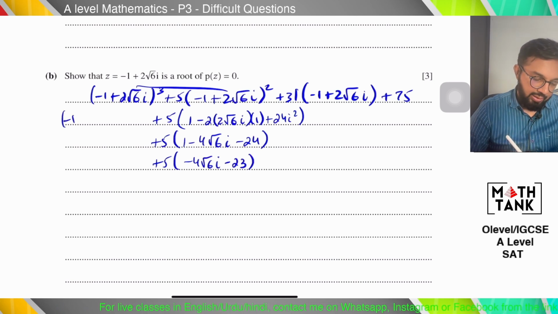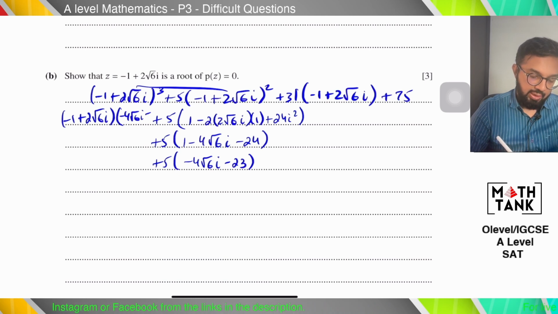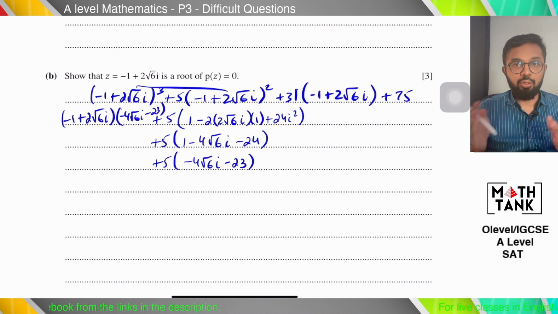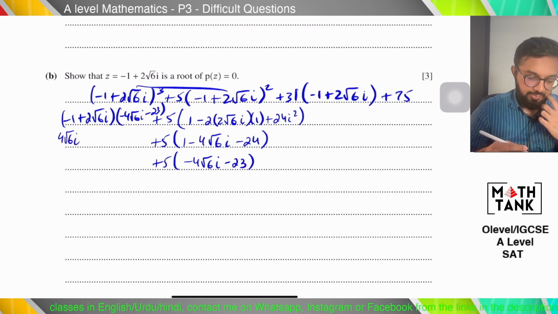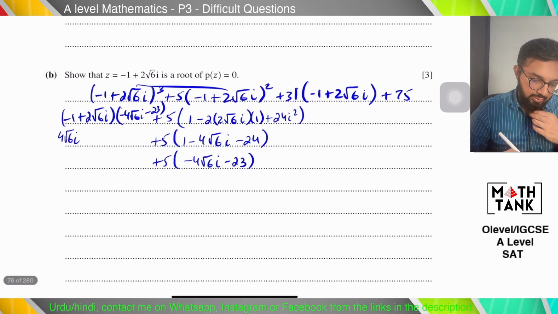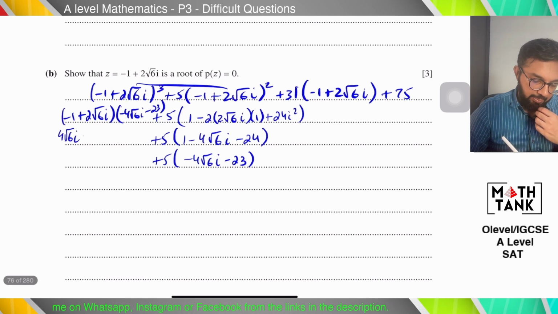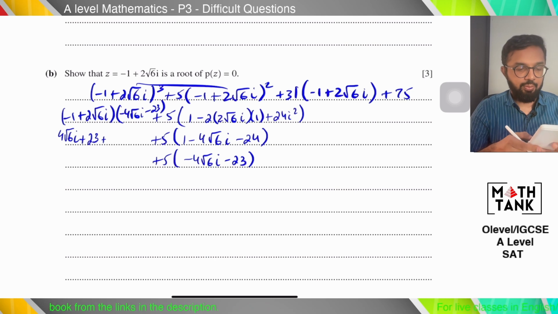Okay, so I have minus 1 plus 2 root 6i into minus 4 root 6i plus minus 23. So I've broken up a cube into power 1 and a square. Then I'm going to multiply minus 1 times 4 root 6i. So 4 root 6i, and then plus 23, plus what's 2 root 6 into 4 root 6.